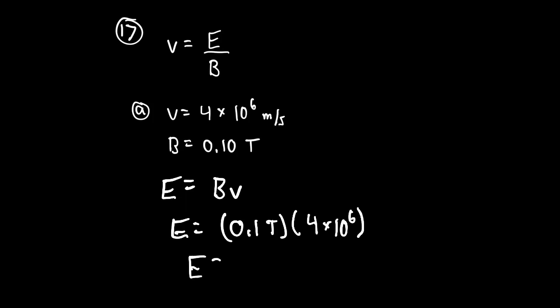Without even using a calculator, we can see that this is 4 times 10 to the 5th volts per meter. How do we get that without a calculator? Multiplying by 0.1 means times 10 to the 6 becomes times 10 to the 5th. Take away 1. Or type it into your calculator.